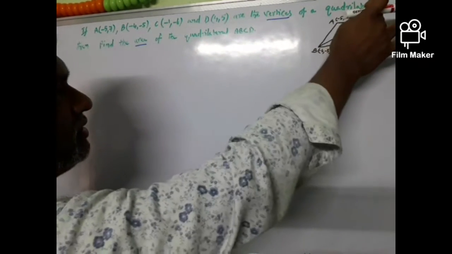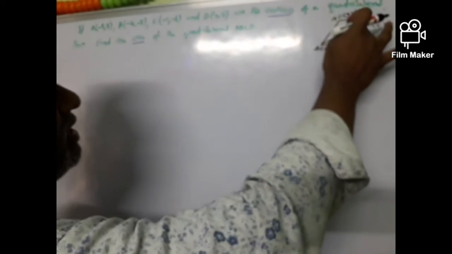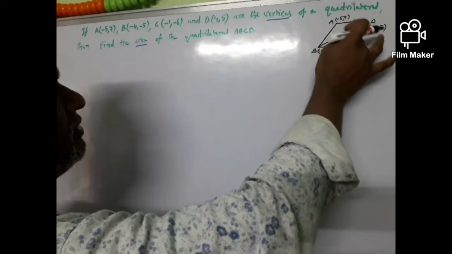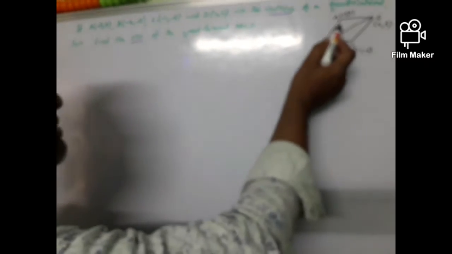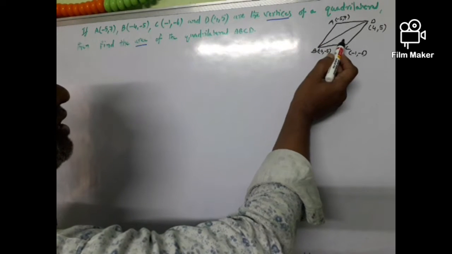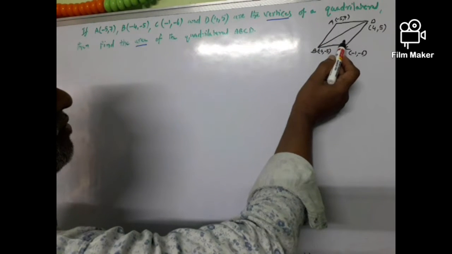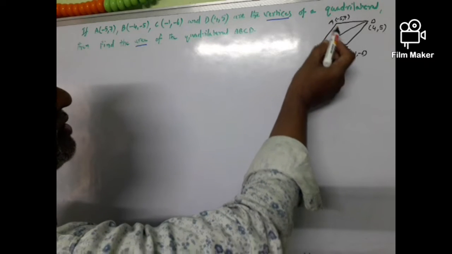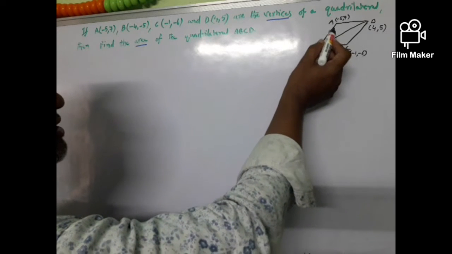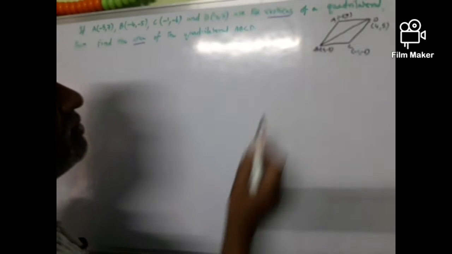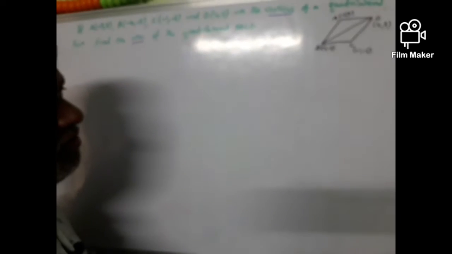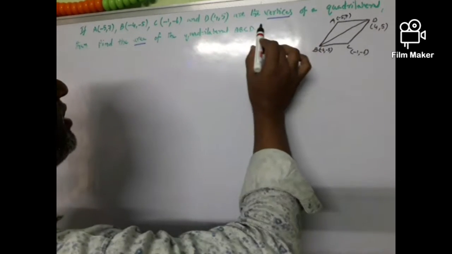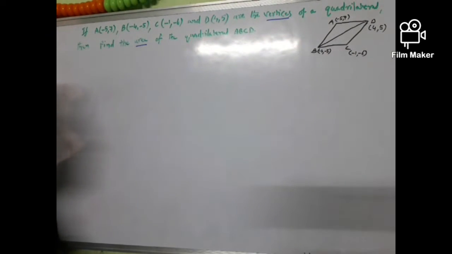This BD divides quadrilateral ABCD into two triangles. So we find the area of this triangle and the area of this triangle. Finally, add these two triangles' areas. The total area is the area of the quadrilateral.